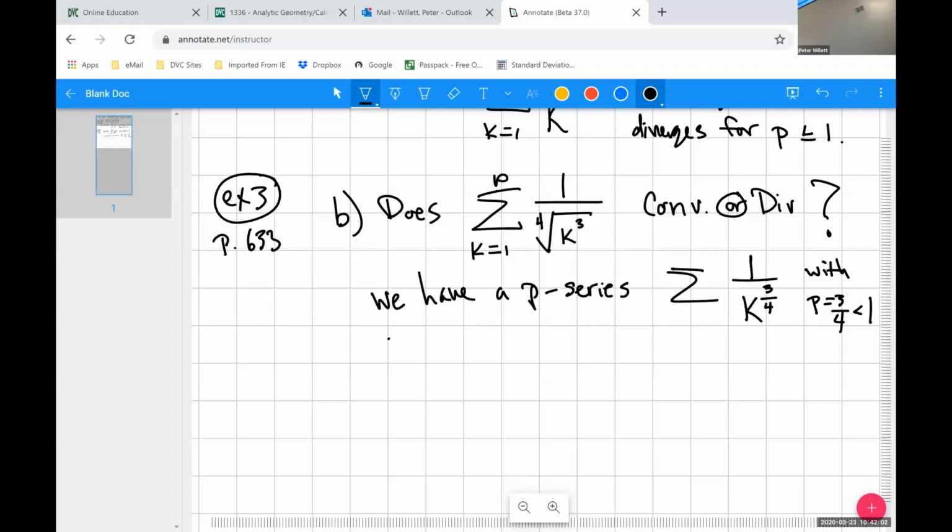So we can basically say, therefore, these 3 little dots mean therefore, the series diverges by the p-series test. Questions, comments, discussions about that?